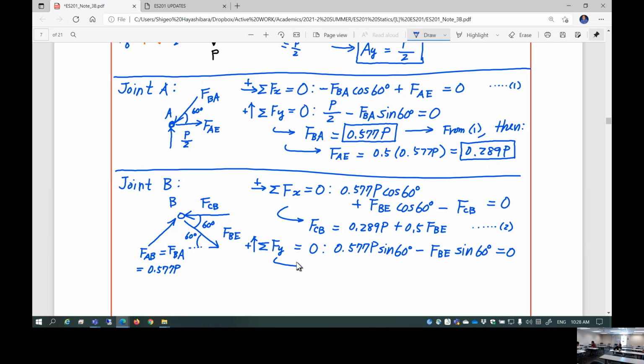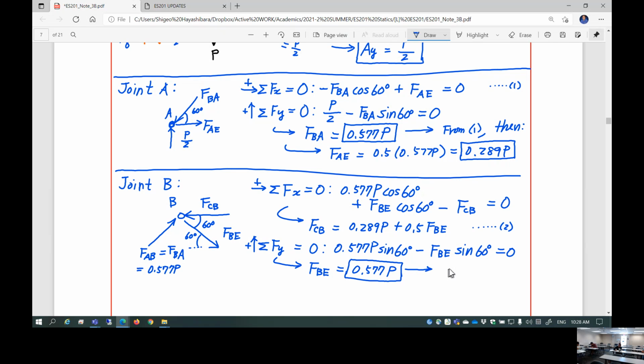From here, you can get FBE, which is equal to 0.577P. So now we got FBE.